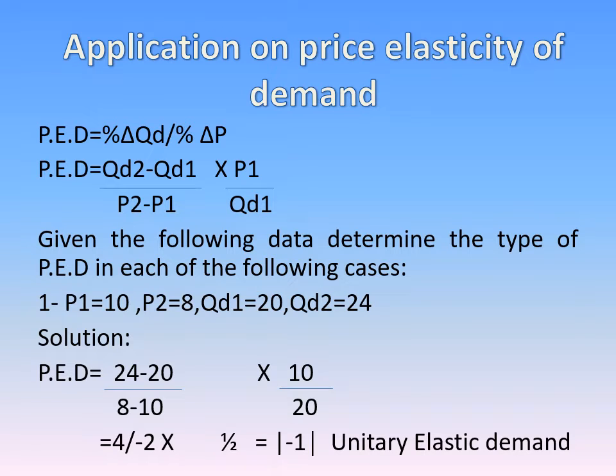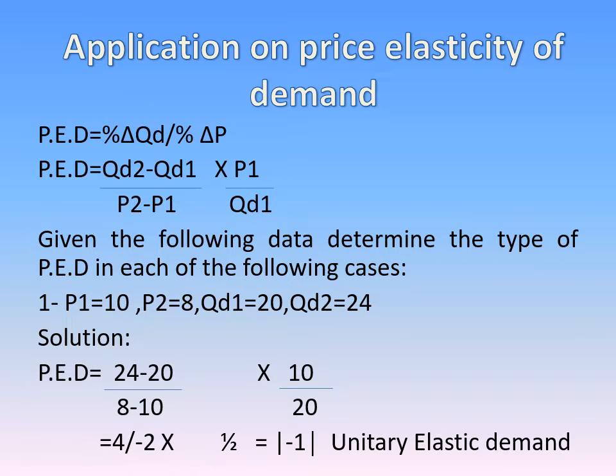So we are going to calculate it mathematically, and the final result is an absolute value of 1, from minus 1. Of course, the negative sign I'm going to ignore. I'm not going to look for the negative sign because it only shows what's happening: when price increases, QD will decrease and vice versa. So there are two actions and reactions which are opposite to each other.